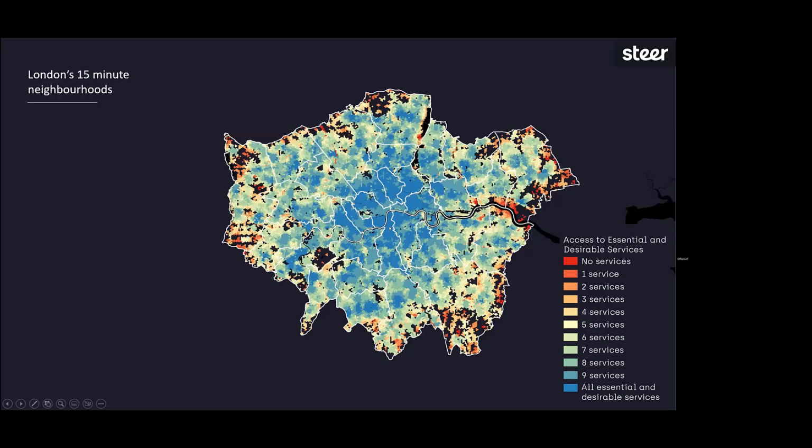So this is great. We can understand at a quite granular level, as these hexels are 200 meters in diameter, the types of services that people can access in that area. But we also wanted to enrich each of these hex cells with more of the qualitative information about that area. So we looked at the index of multiple deprivation, and general population segmentation data.